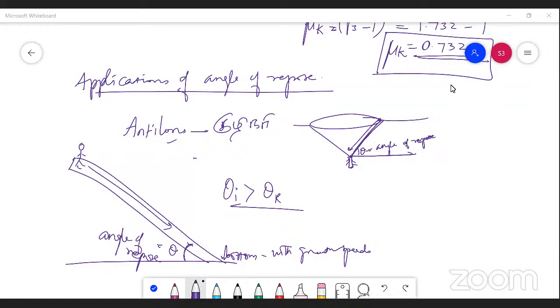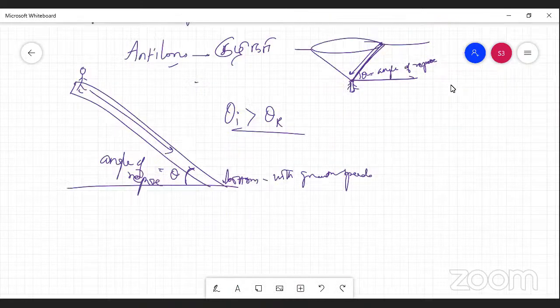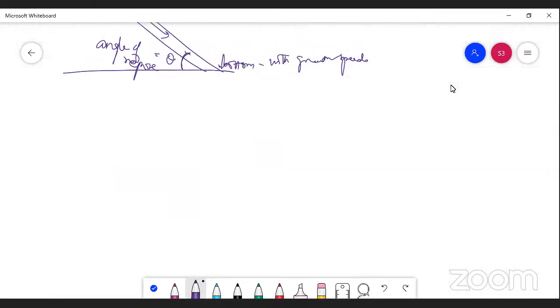The same can be repeated with other objects like an eraser or any sliding object placed over the textbook. So, at the point of sliding, you can write tan theta s is equal to mu s.